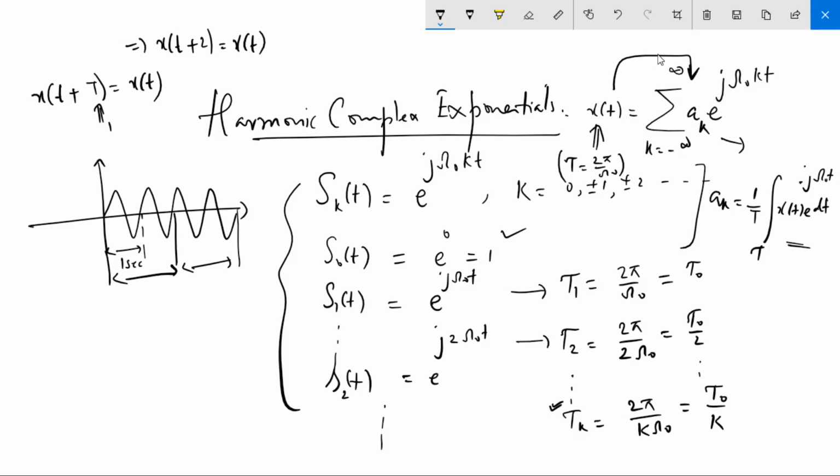Okay, it means any periodic signal can be decomposed in terms of complex exponentials. And see, if I write this Fourier series like this, x(t) equals summation over k of ak e raised to power j omega naught kt.